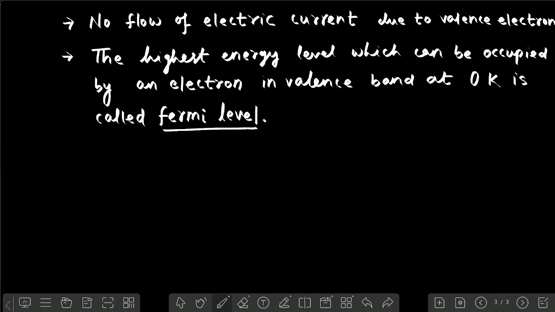So remember, valence band contains many energy levels, and those energy levels include valence electrons. The next point: conduction band.